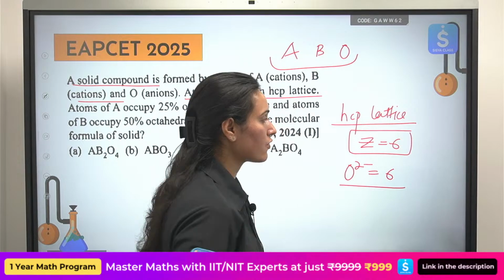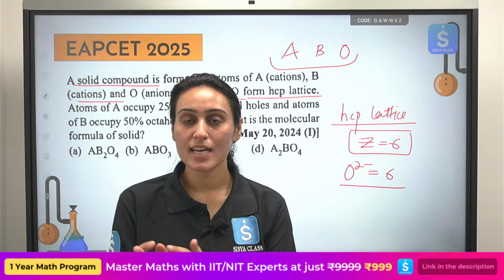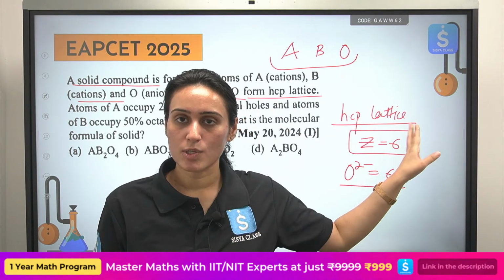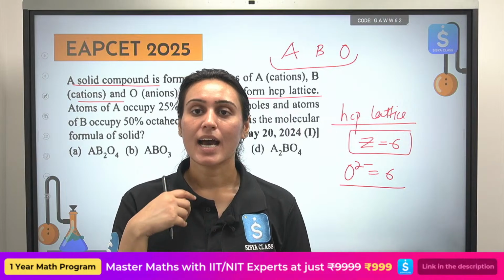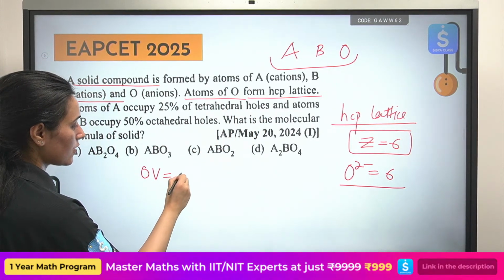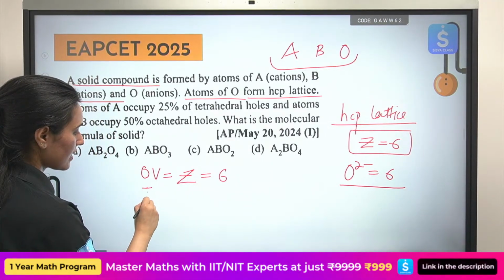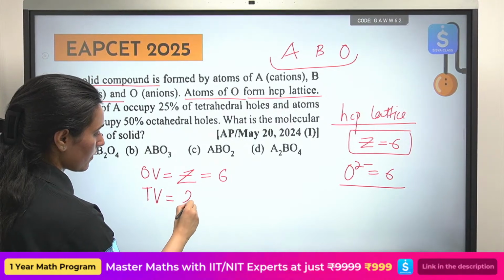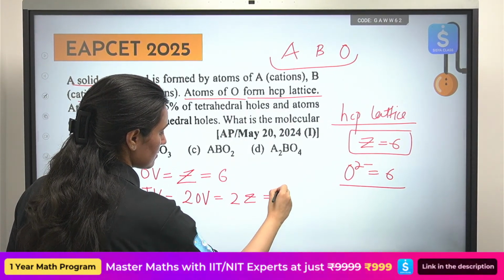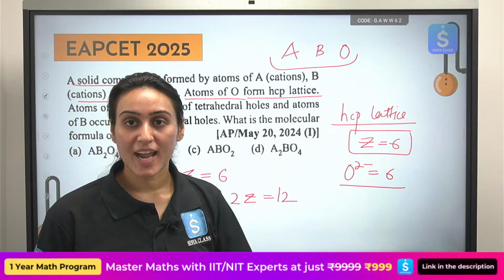Now I have told you for HCP and FCC unit cell, the number of tetrahedral voids are twice of octahedral voids, and number of octahedral voids are equal to Z. Number of octahedral voids are equal to number of atoms per unit cell, which is 6 in this case. Number of tetrahedral voids are equal to twice of Z, which is 12.